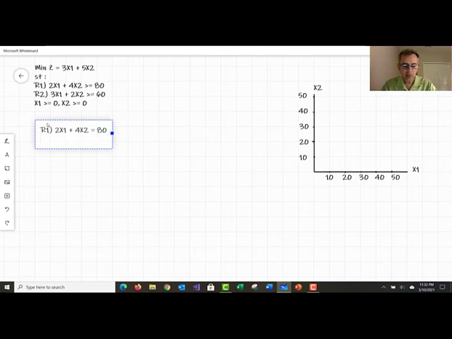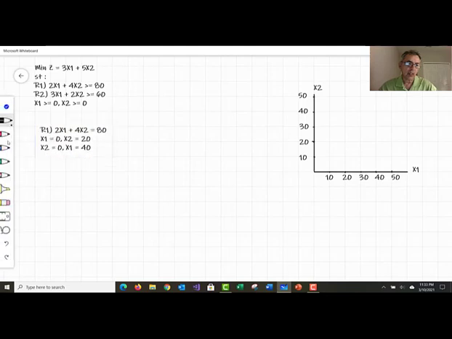equation. The most convenient points are x1 equal to 0, which would result in x2 equal to 20, and x2 equal to 0, which would result in x1 equal to 40. I will connect those 2 points together.